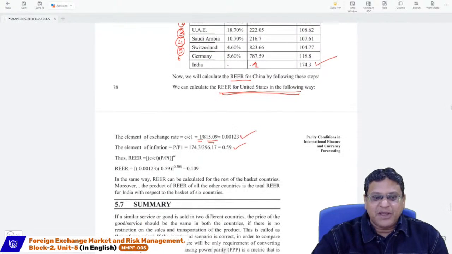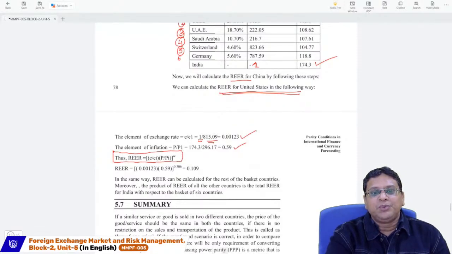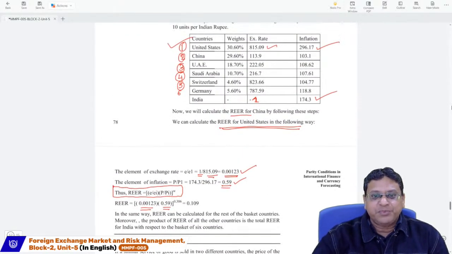We know the formula of REE. We have discussed the formula of REE. The formula of REE is E divided by E1 whole into P divided by P1 to the power W. E divided by E1, this particular figure we have calculated. P divided by P1, this particular figure we have calculated. To the power W, W is the weight of USA. What is the weight of USA?